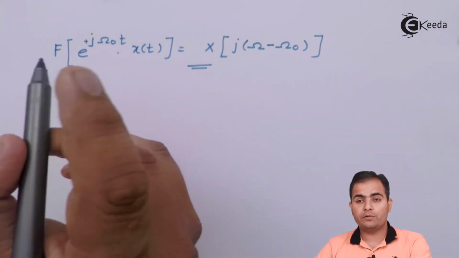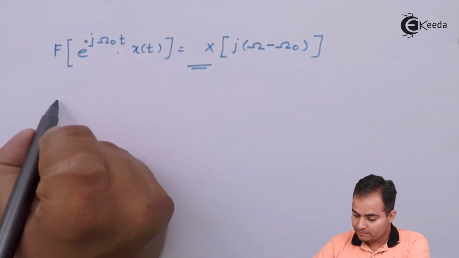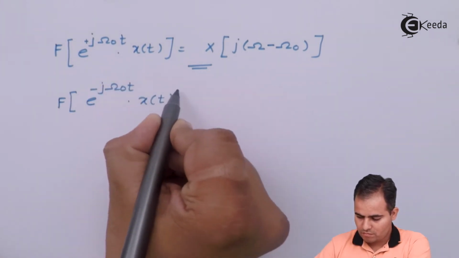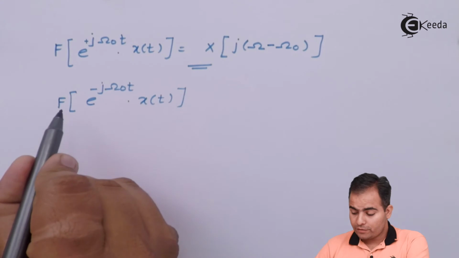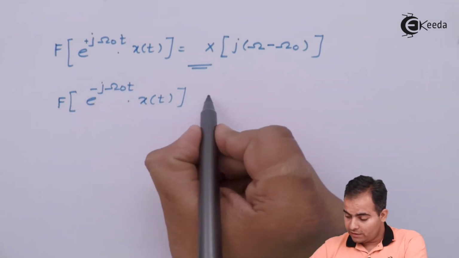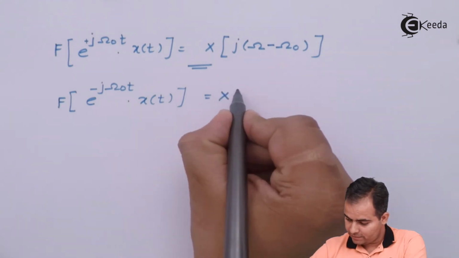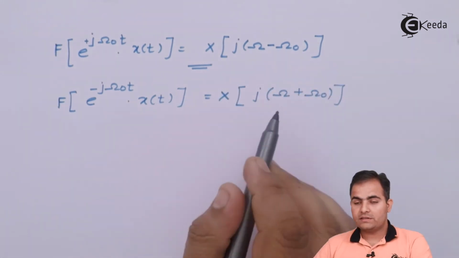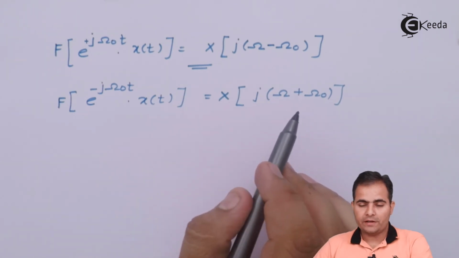But suppose we do the reverse process, that is, if we are going to find the Fourier transform of e to the power minus j omega naught t into x of t, then the result will be X of j(omega plus omega naught). So this is nothing but the frequency shifting property.